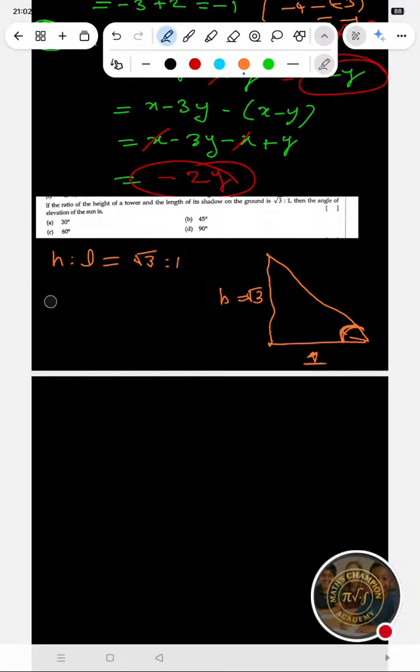So if you take tan theta, that is opposite by adjacent.